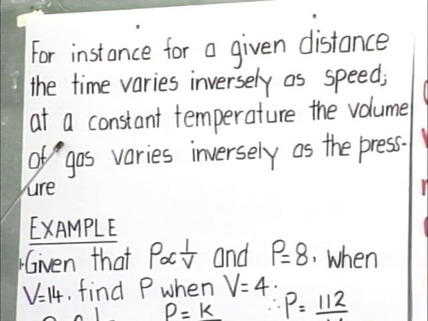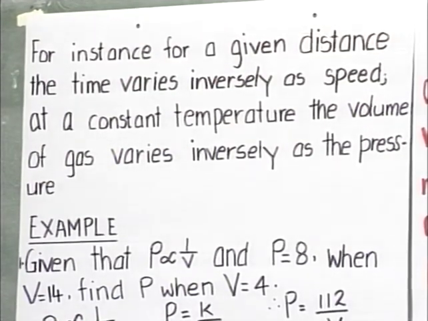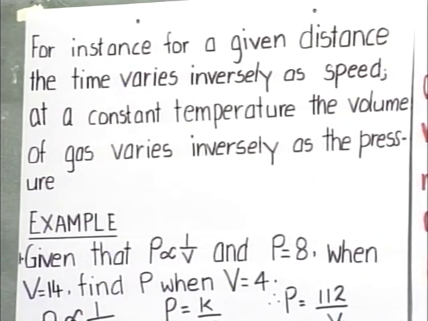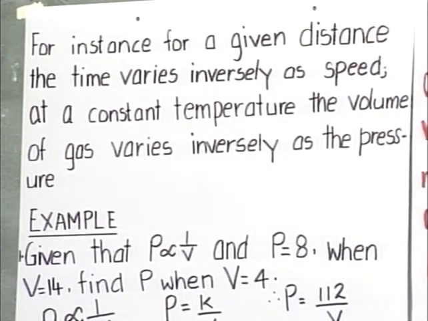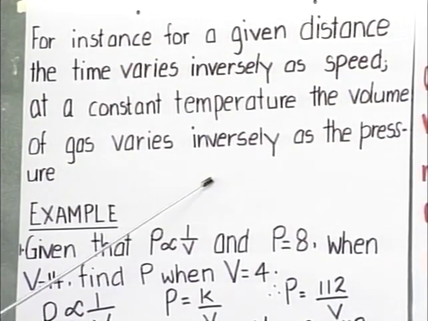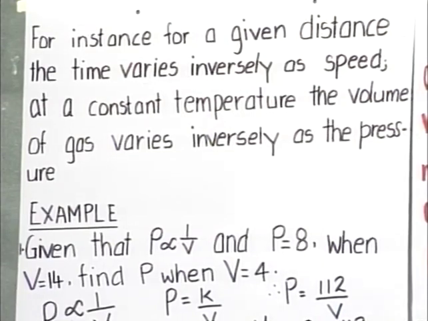And in physics, I think they say that at constant temperature, the volume of gas varies inversely as pressure. Those are just two examples of situations where quantities vary inversely. You will probably do a lot more experiments in physics. We don't do much experiments in math, so I can't prove that.